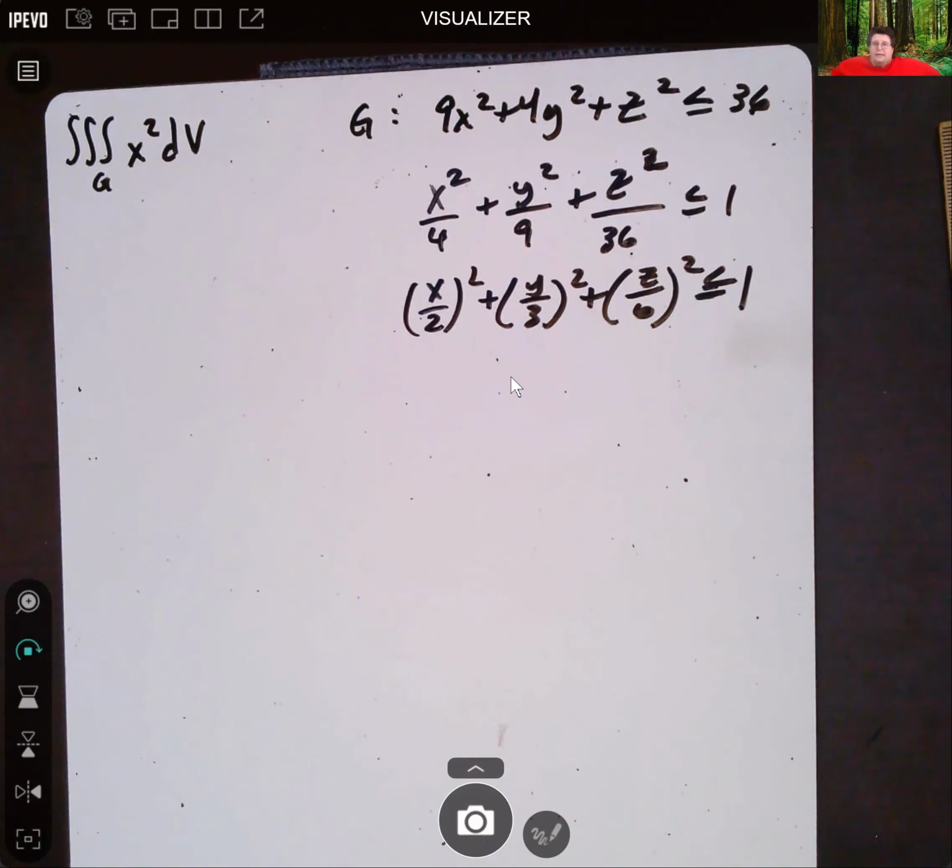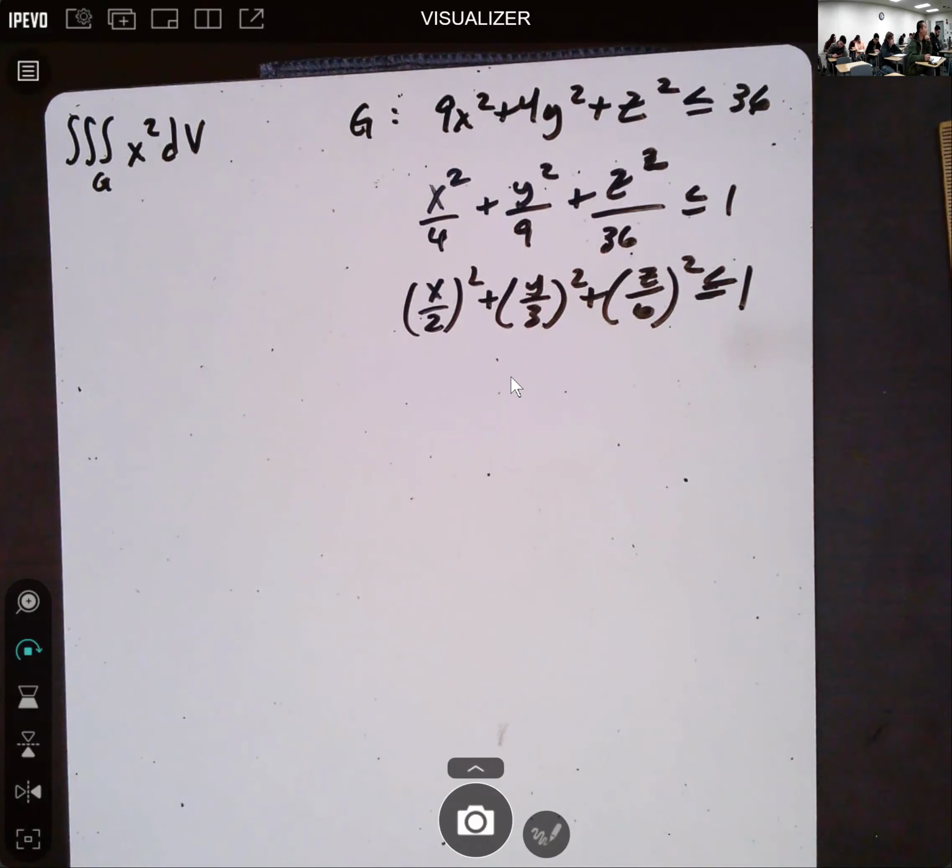Okay, so any ideas what we could do from here? Are there any substitutions I could make that would make this much easier to deal with? x equals 2u, y equals 3v, z equals 6w.